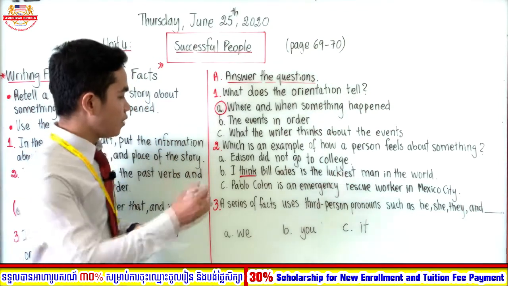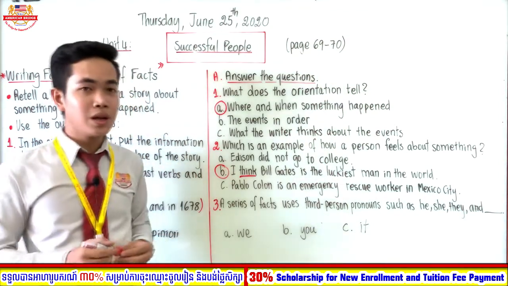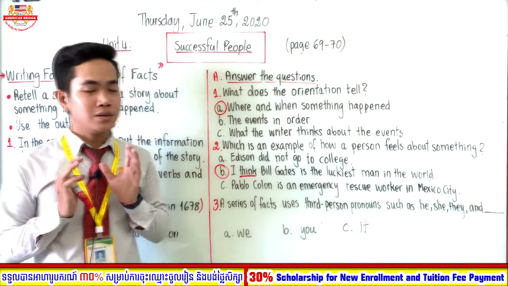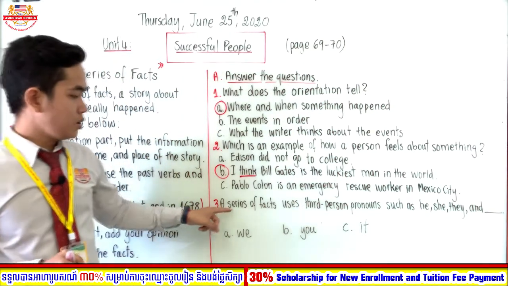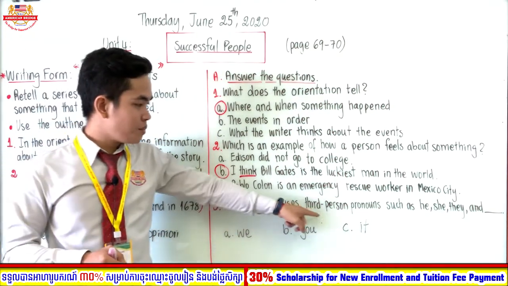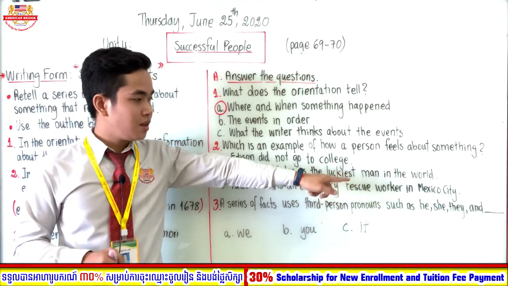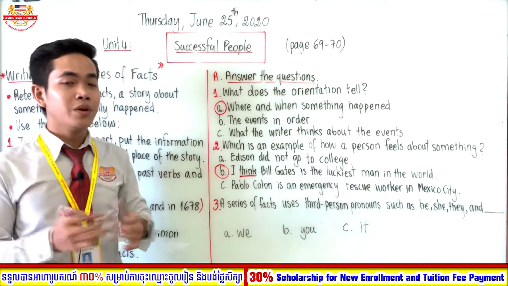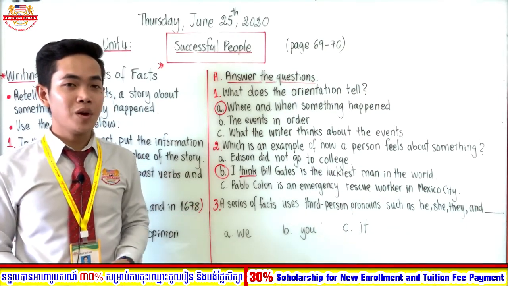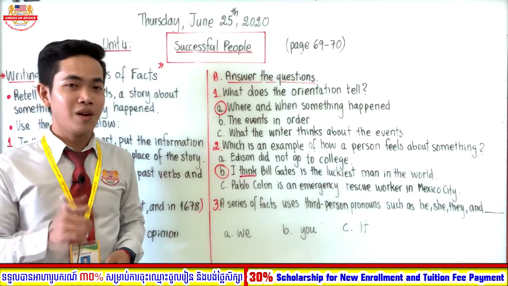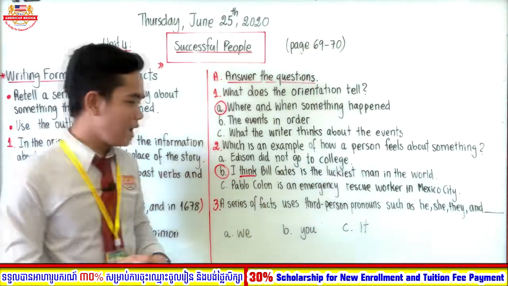Okay. So now let's move on to our last question, number 3. A series of facts uses third-person pronouns such as he, she, they, and... What are the third person pronouns, everyone? We still have one more, right? The word, yes, the word it.